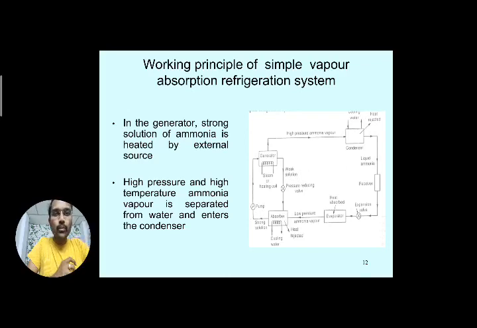Whenever a little heat is added to that, the high pressure, high temperature ammonia is separated. Due to the addition of a small amount of heat in the generator, high pressure and high temperature ammonia vapor is created. That is separated from the water, and from the top, you can see the arrow, that high pressure ammonia vapor enters into the condenser.